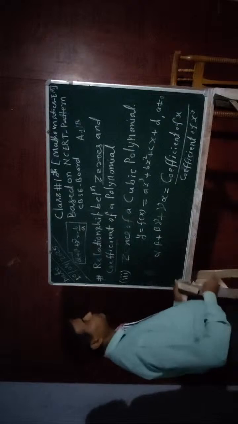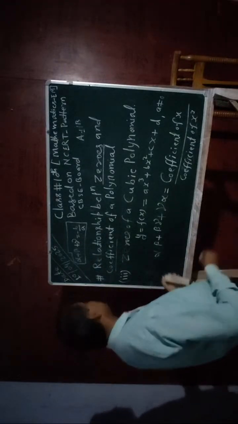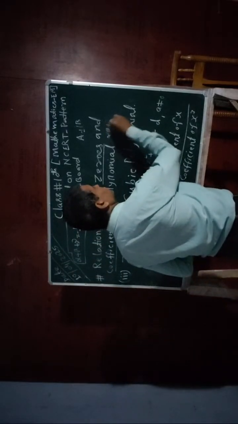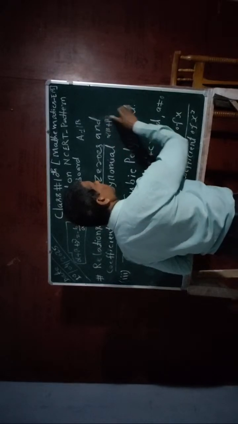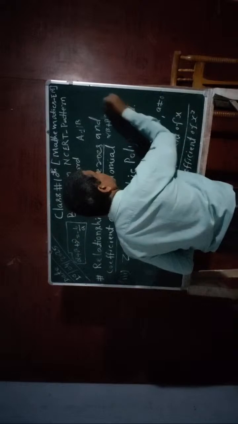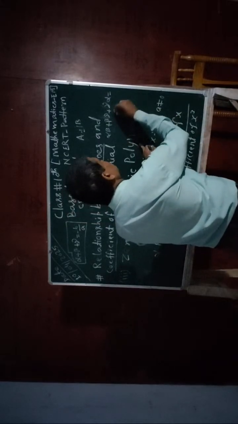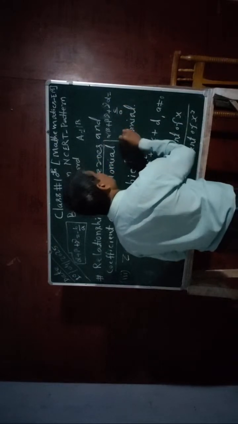So alpha beta plus beta gamma plus gamma alpha is equal to c divided by a, and I am putting it in a rectangle box so that I can use it further.